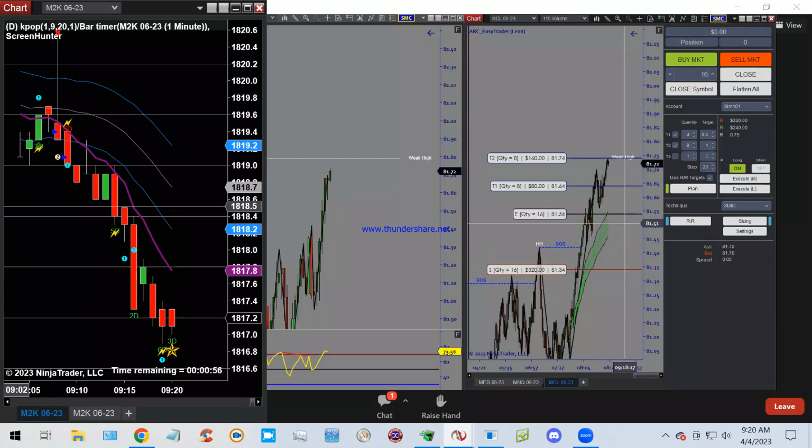Now, can we get the pullback is the question. Strong uptrend in market like that.